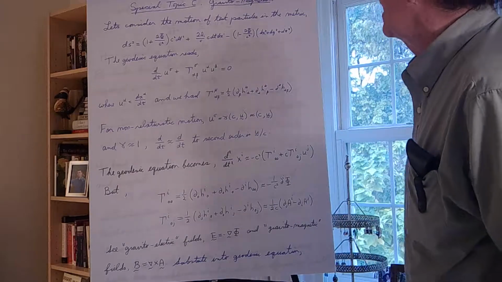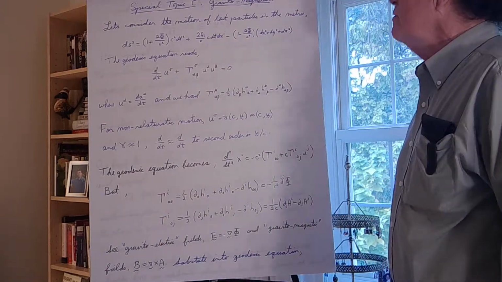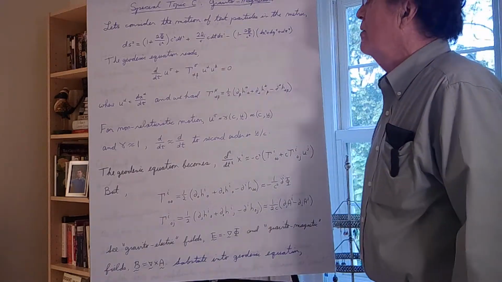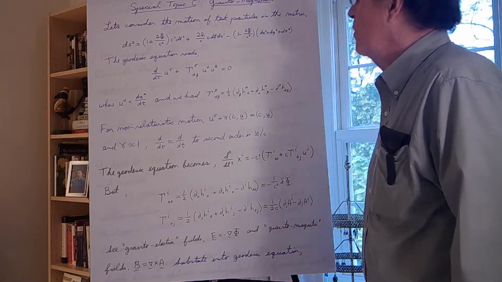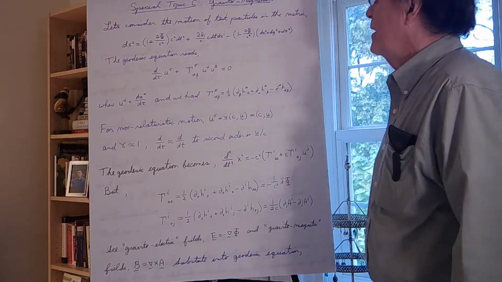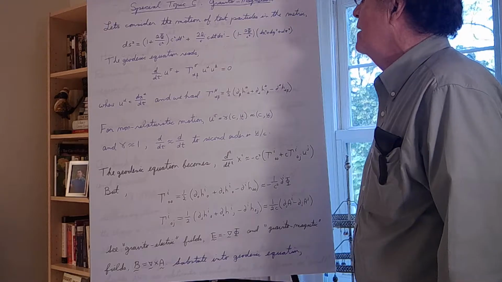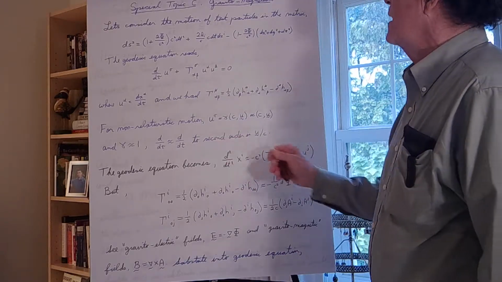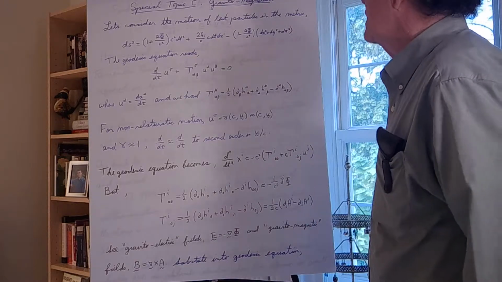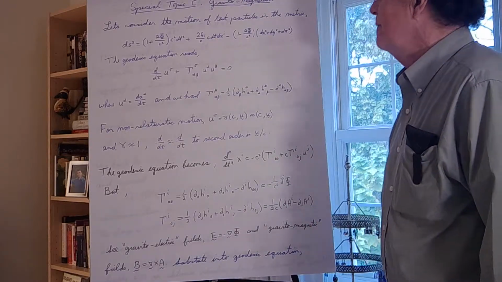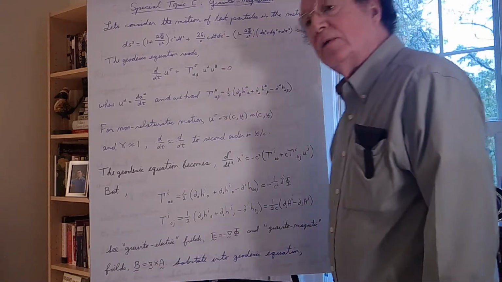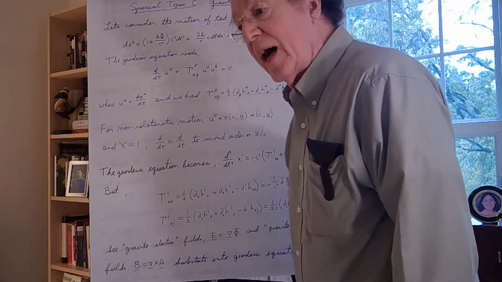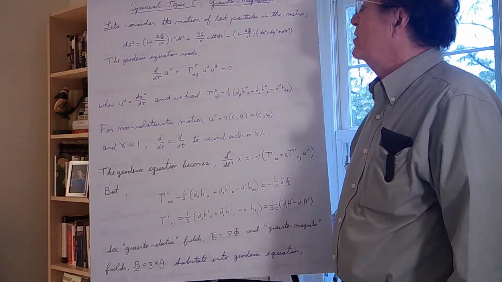I discussed how gyroscopes work in this environment, how they travel parallel transported along the paths of their mass points. But what about the mass points themselves? Of course, they satisfy the geodesic equation, which I've written down here. Let's work on that geodesic equation, simplify it, and see that it's an old friend of ours.